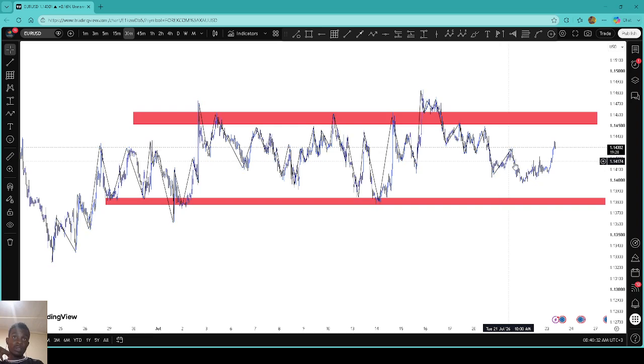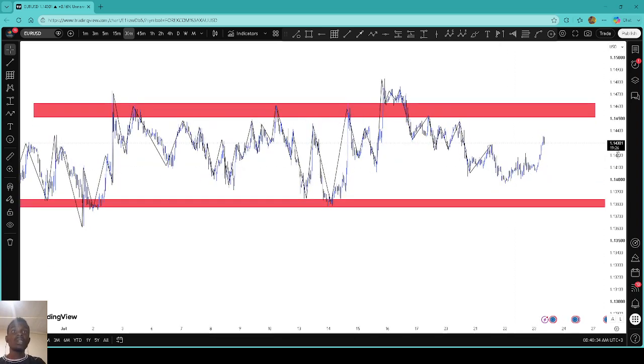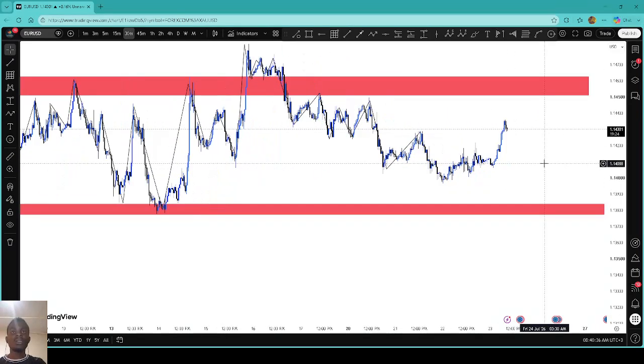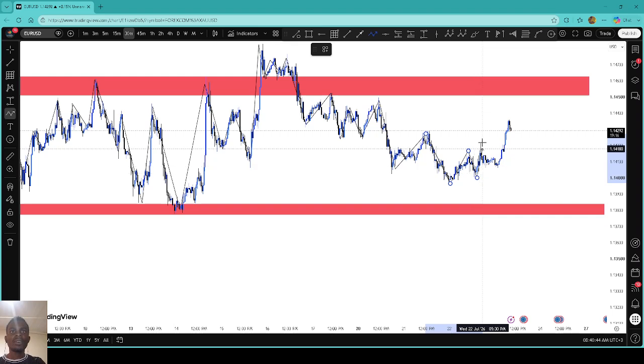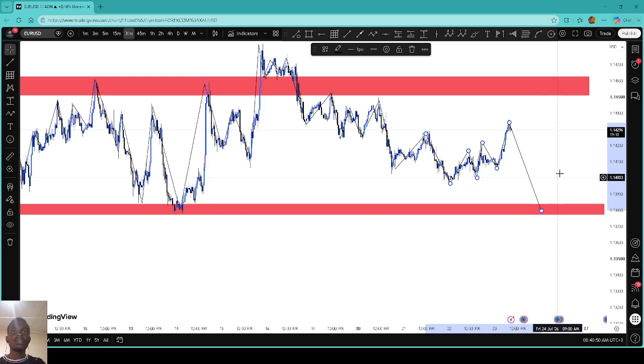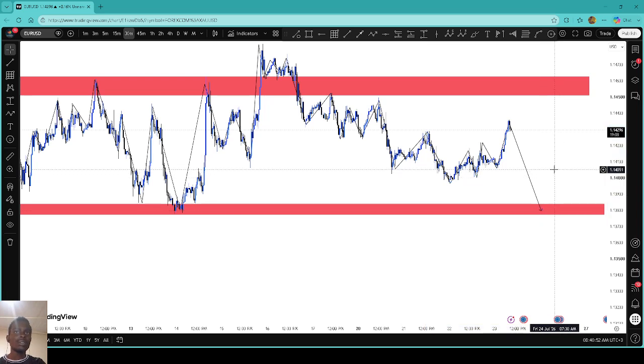So what next do we expect? You have to expect that as price is moving in this manner, price might decide to drop to this area again.